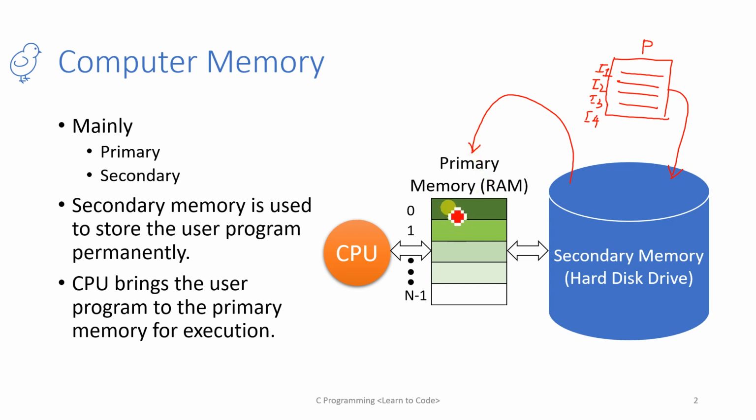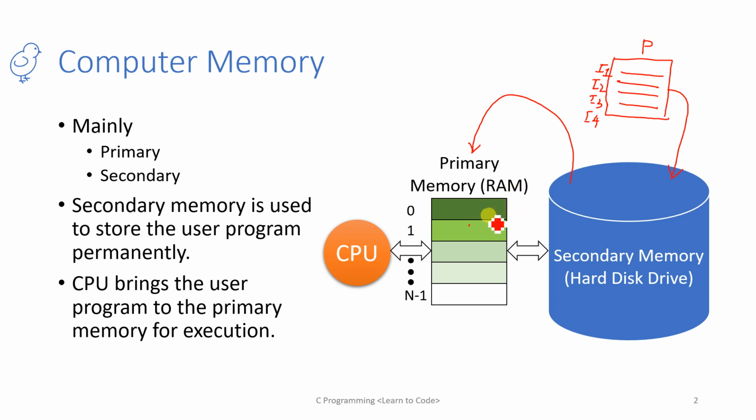Generally, the primary memory is divided into multiple blocks. For the time being, assume that each block will be able to store one instruction. But that is not the actual rule. The rule will differ from architecture to architecture. Computer architectures have different rules. Some instructions may take 2 blocks, some instructions may take 4 blocks.